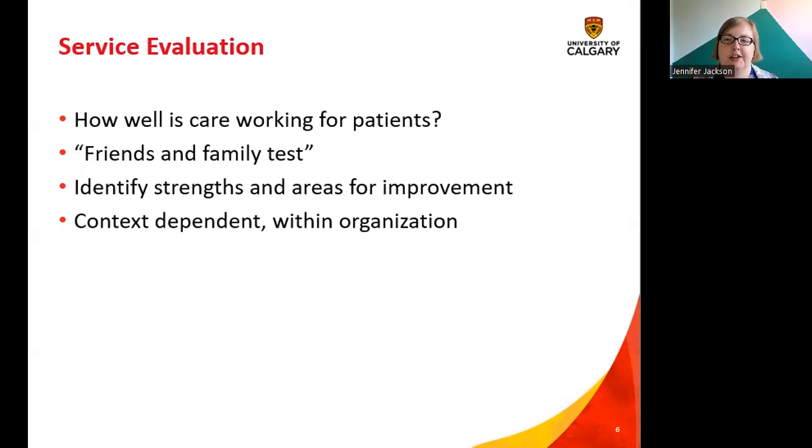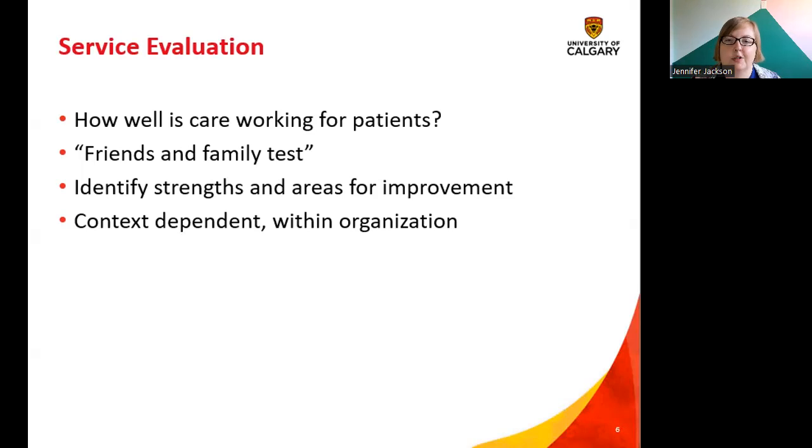So you want to identify strengths and areas for improvement. These can be clinical things, like I asked for pain medication and I had to wait 45 minutes, and we need a faster process for nurses being able to find somebody to co-sign and access the automated cabinet, or things like that.